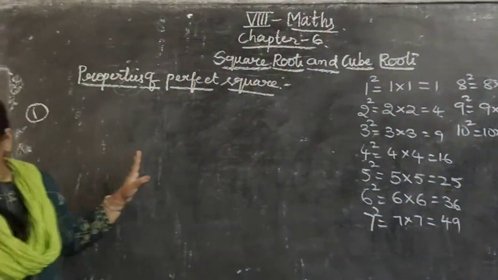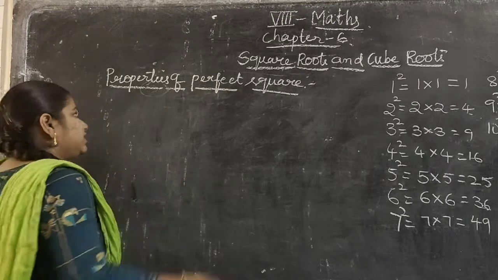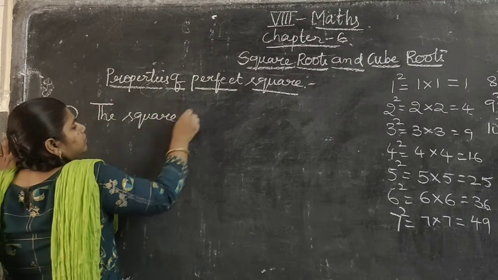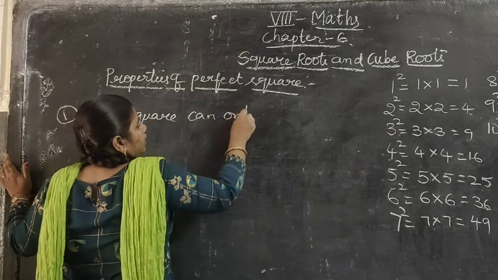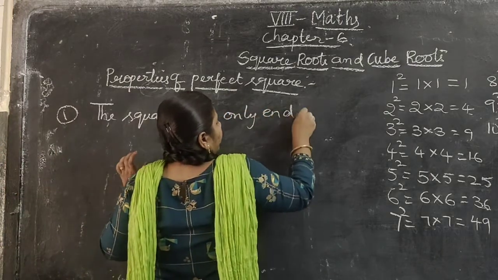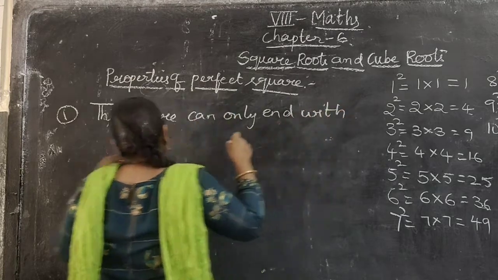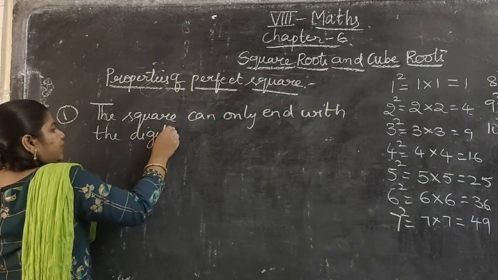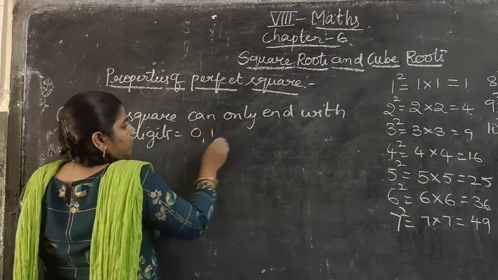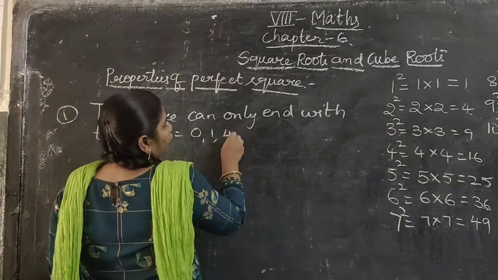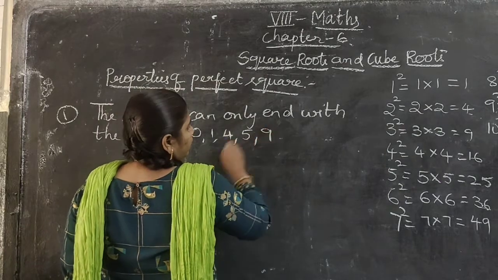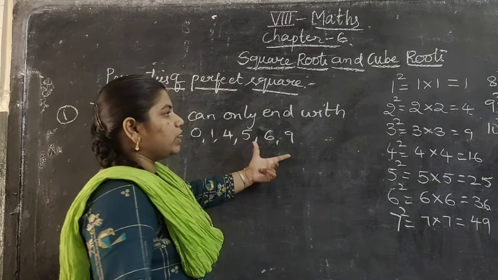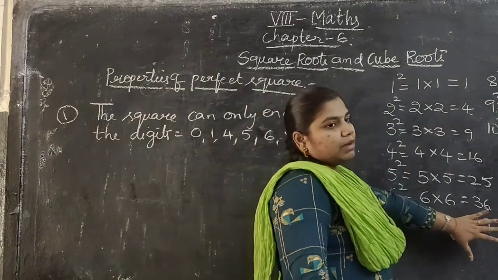The square number can only end with the digits 0, 1, 4, 5, 6 and 9. Only these 6 different digits are seen in the square numbers.